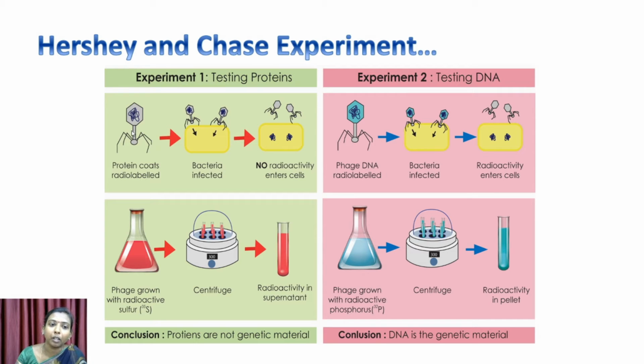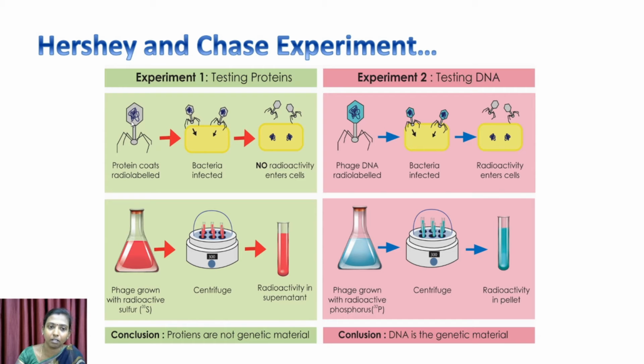By adding radioactive sulfur to the medium. In medium B, we add radioactive phosphorus. So here sulfur is made radioactive and added to the medium, and here the phosphorus is made radioactive and added to the medium.